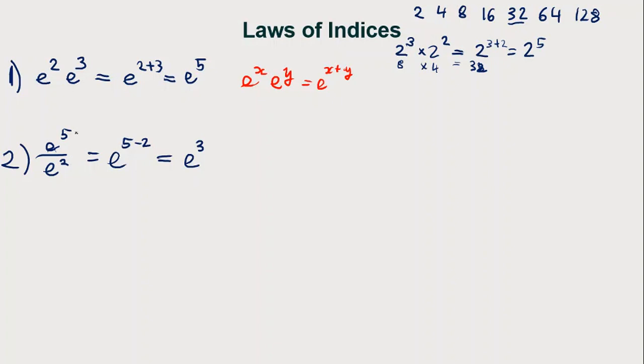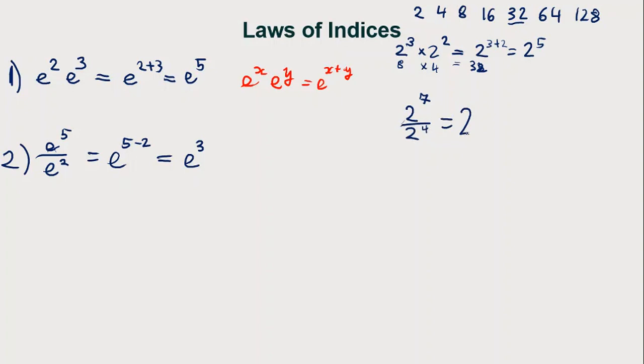So you take the difference if you have a quotient of numbers using the same base. So that's e to the 3. Again, use it with a simplistic example when the base is 2. So 2 to the power of 7 divided by 2 to the power of 4.